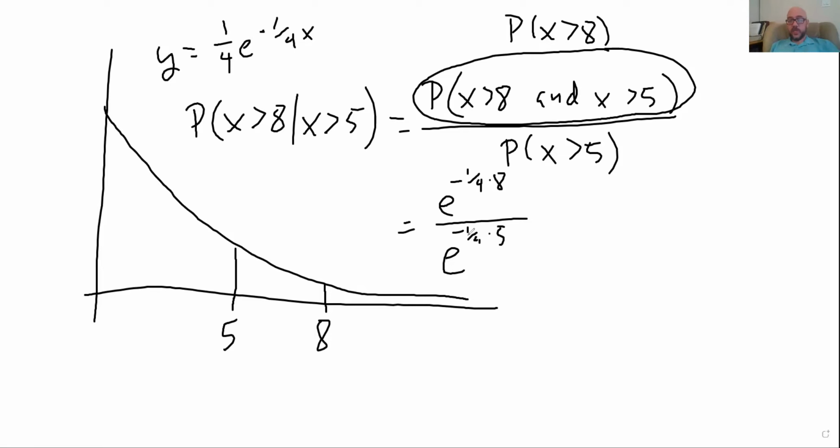Now, we can jam this in the calculator if you would like to. I will do so in just a second, but I want to note that this is just basic exponent rules. What we've got here is like bases, and since I'm dividing them, I should subtract the exponents. So this top one is e to the negative 2, and this is e to the negative 5/4. So this is e to the numerator minus 2 minus a minus 5/4, which is e to the negative 3/4.